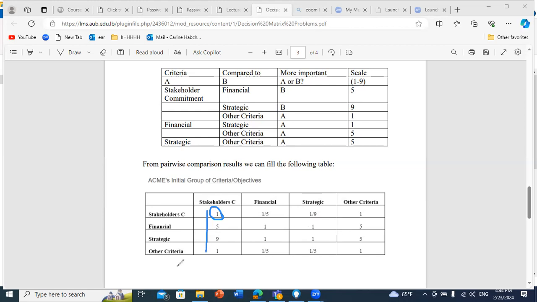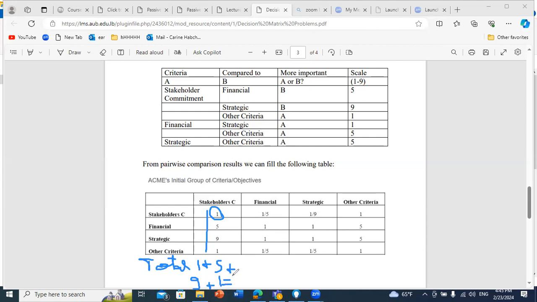Okay, let us do it. You should add a line, which is total. So here you have 1 plus 5 plus 9 plus 1 equals 16.